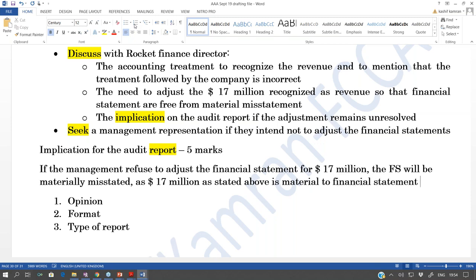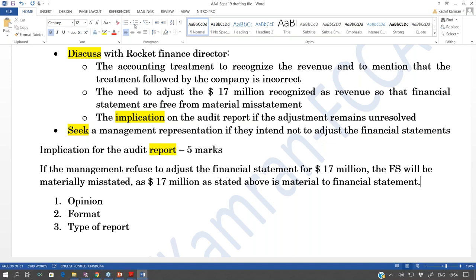Do we repeat 1.18% and 12.23%? No. See what I wrote? If the management refuse to adjust the financial statement for $17 million, the financial statement will be materially misstated, as $17 million as stated above is material to the financial statement, right? So have I told the examiner that this is a material misstatement?